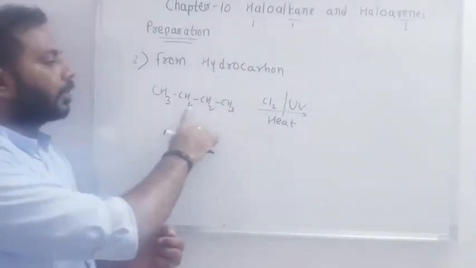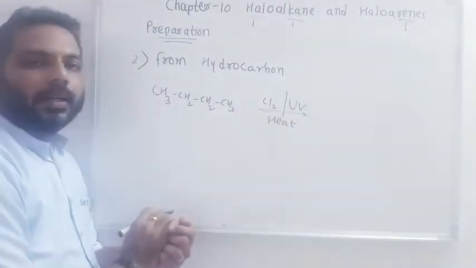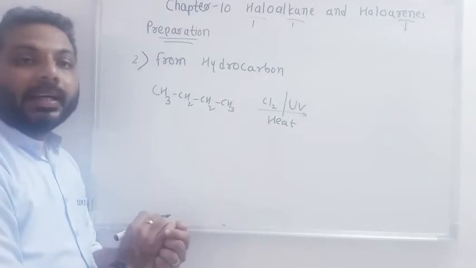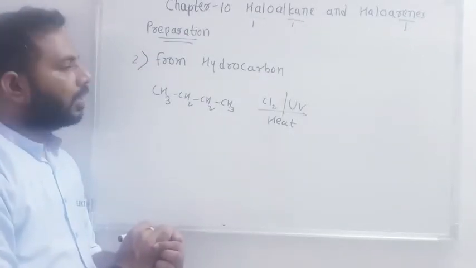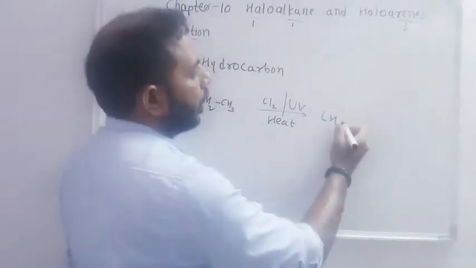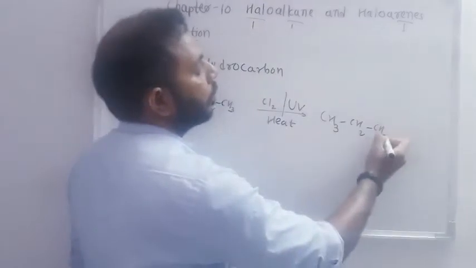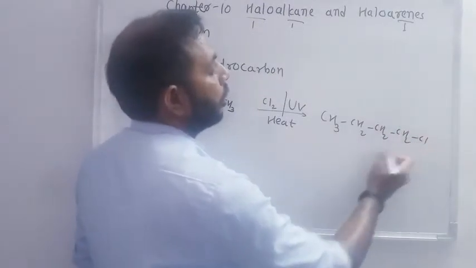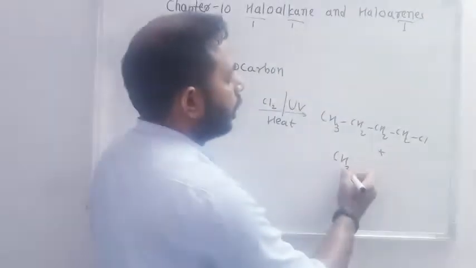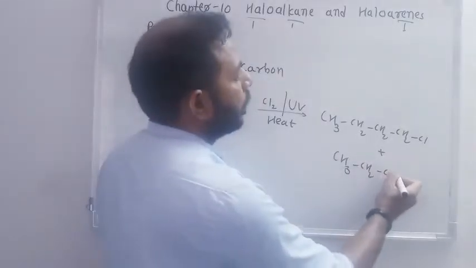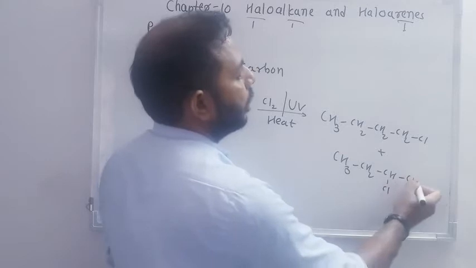So butane reacts with halogen in presence of UV light and we can get many isomeric products, monohaloalkane or polyhaloalkane. What is isomeric form? Let's say one of the products is CH3CH2CH2Cl, chlorobutane. Another product can be CH3CH2CHClCH3.